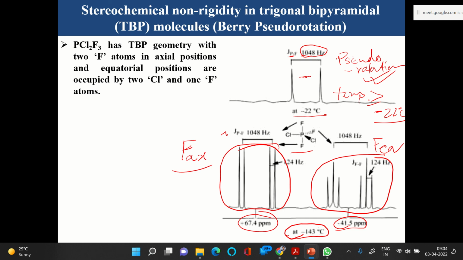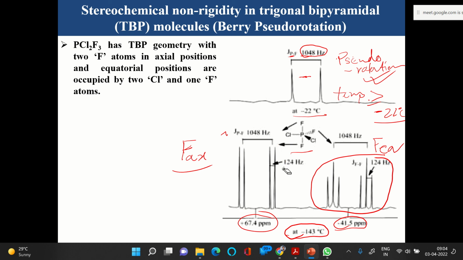So you can draw the splitting pattern again. First the interaction with the phosphorus, and then draw the interaction with the fluorines. That's how you are getting a quartet here, but amongst them the JFF splitting is coming out to be around a few hertz.